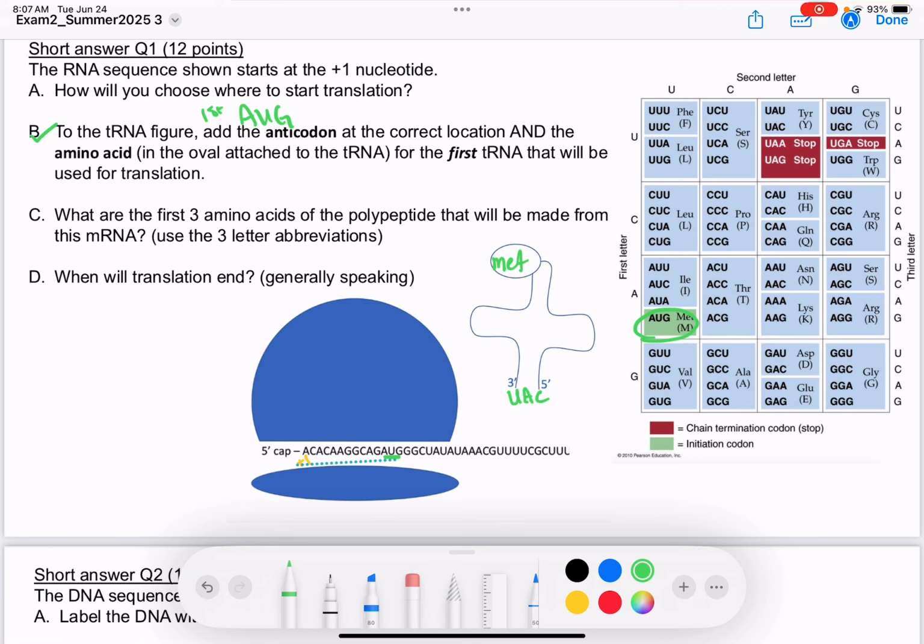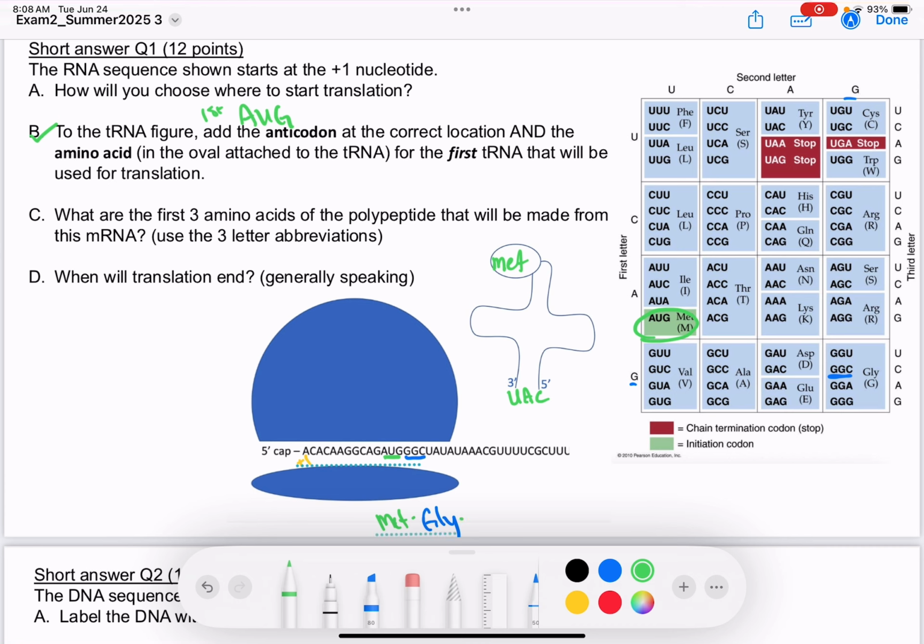Okay, what are the first 3 amino acids of the polypeptide that will be made from the RNA? So after that AUG, I have a GGC. Let's look up GGC. Because right here is a glycine, GLY. Actually, let's add the MET first.